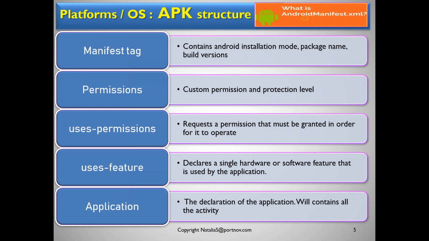Also, this Android manifest XML contains its own sections, because when your application is installing, it asks for everything: the manifest tag, package name, build versions, and permissions, because the application needs to ask the system for permissions, and also the protection levels for the operating system.